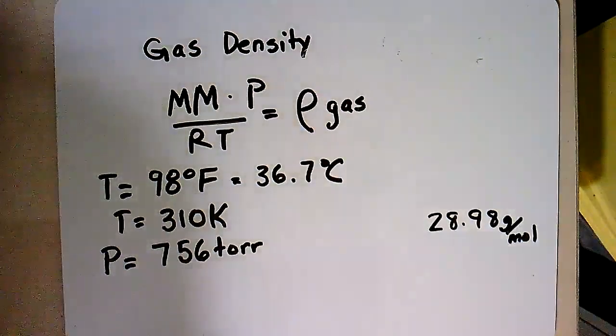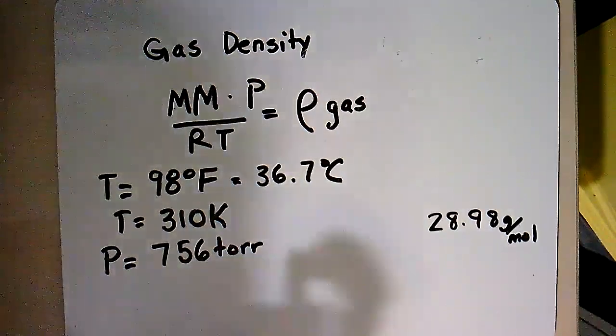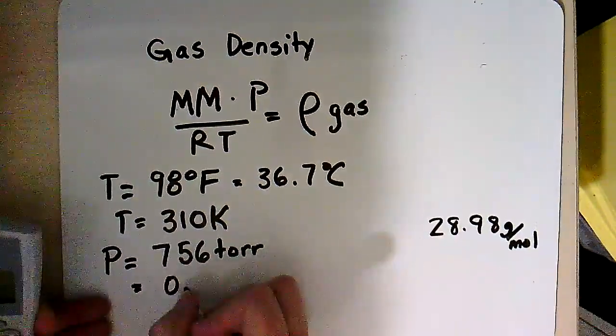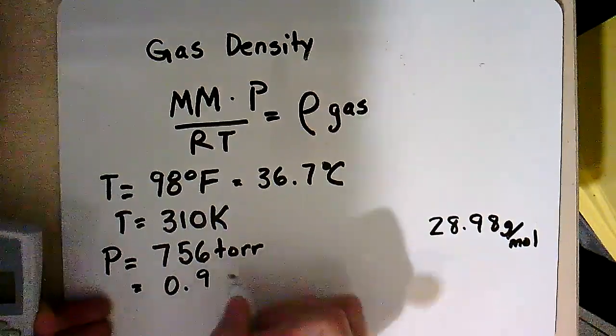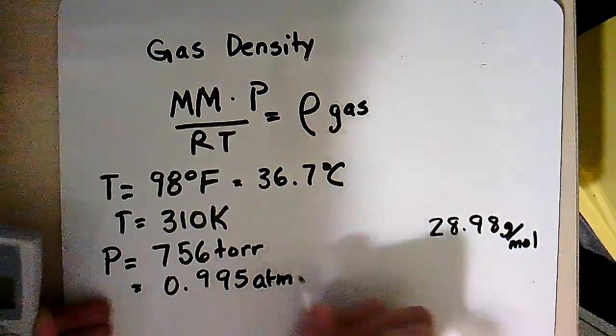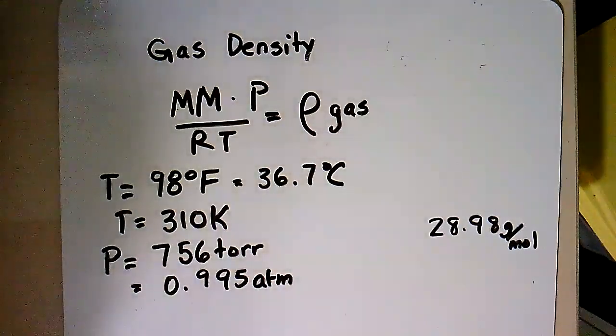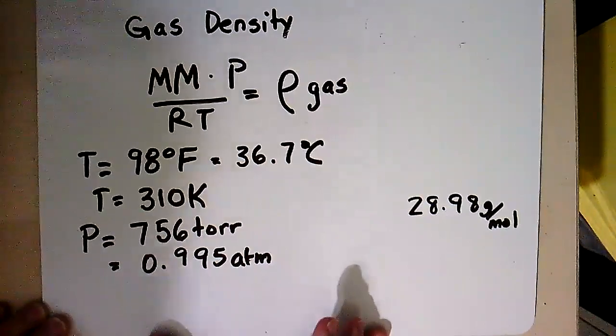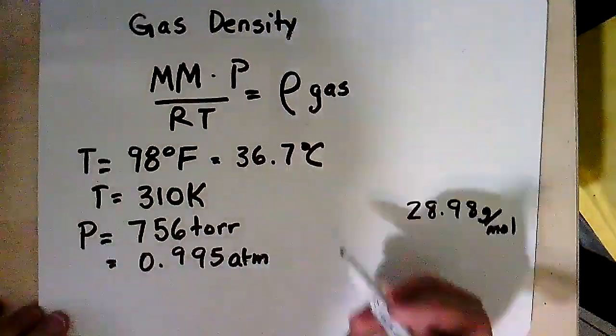Remember how to do that? You just take the 756 and divide it by 760. So I end up with 0.995 atmospheres. Okay, so now I have every piece of data in the correct units, and I'm ready to find out the density of air under these conditions.